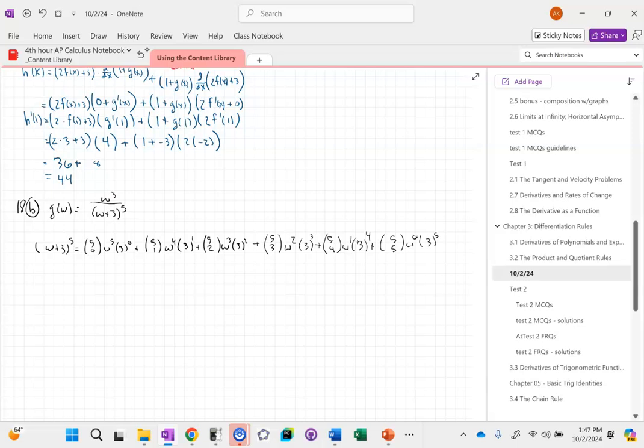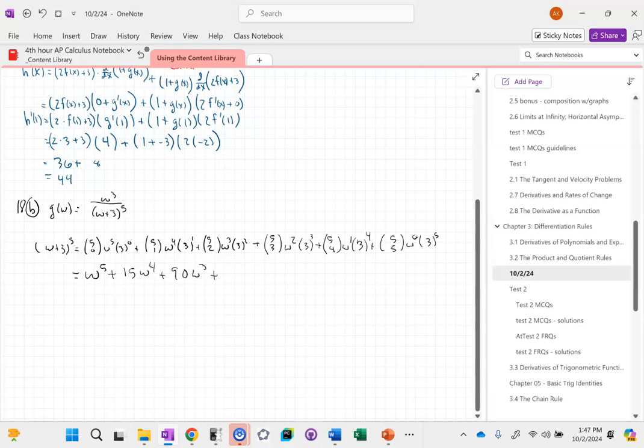All right, so let's grind this thing out. 5 choose 0 is 1, and 3 to the 0 is 1, so I just have 1 times w to the 5th. 5 choose 1 is 5, and 3 times 5 is 15, w to the 4th. 5 choose 2 is 10, and times 3 squared is 90.